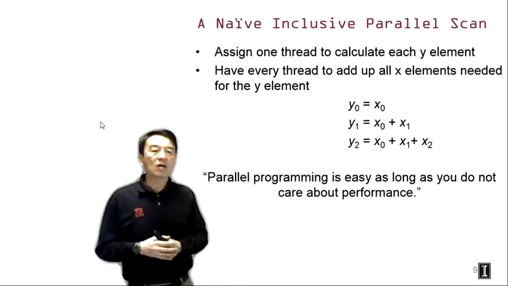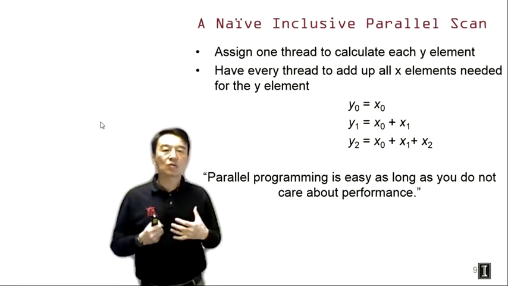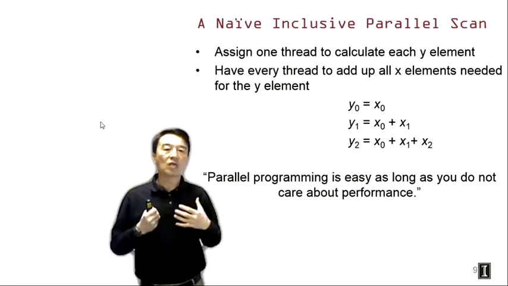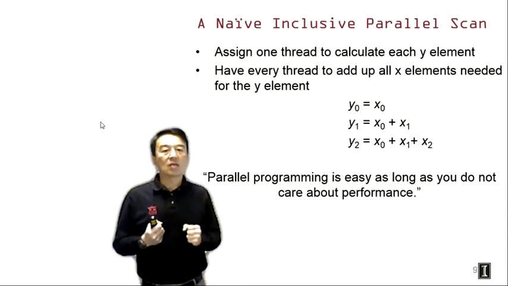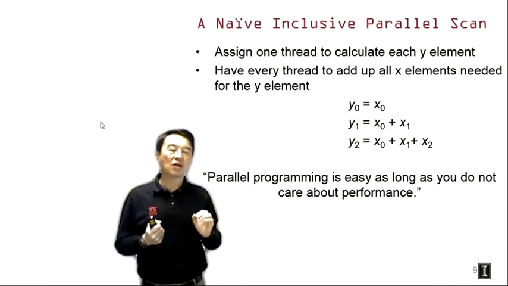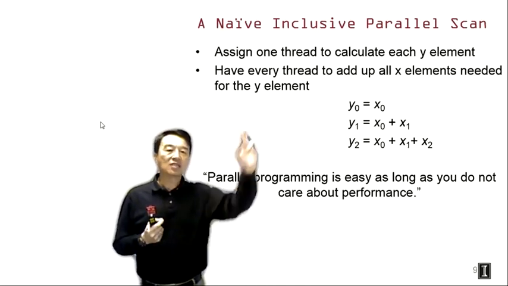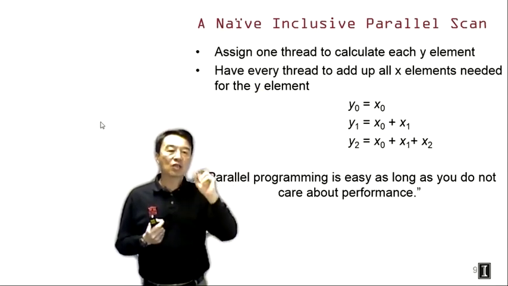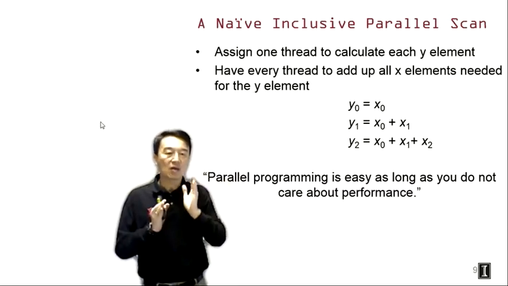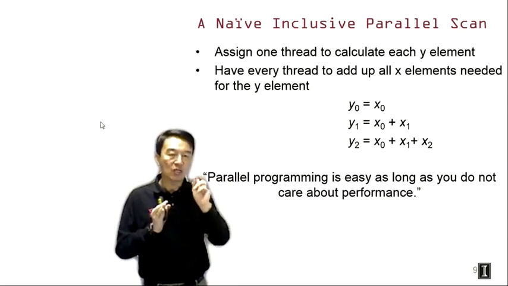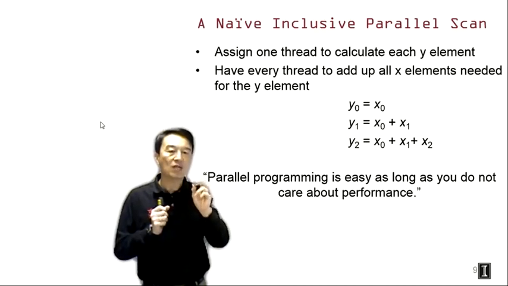So now we are ready to look at how we can do inclusive parallel scan algorithms. Here we show a naive inclusive parallel scan. We can assign one thread to calculate each y element. So it's very intuitive. We have one thread in charge of generating one output element.